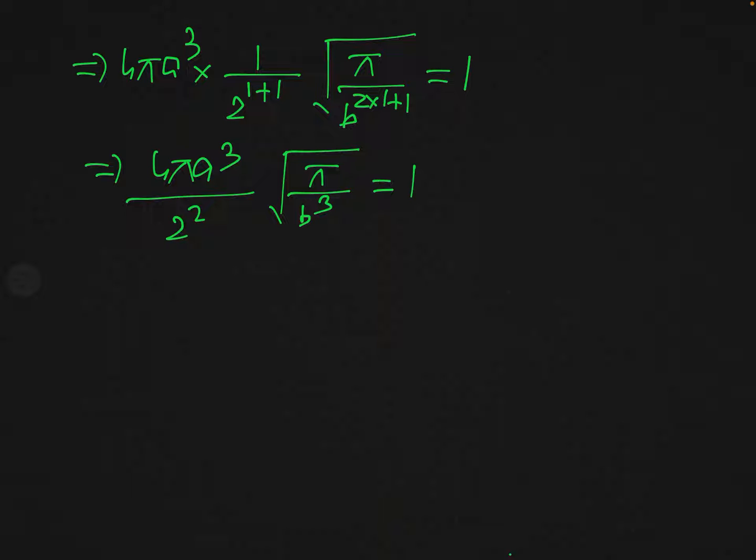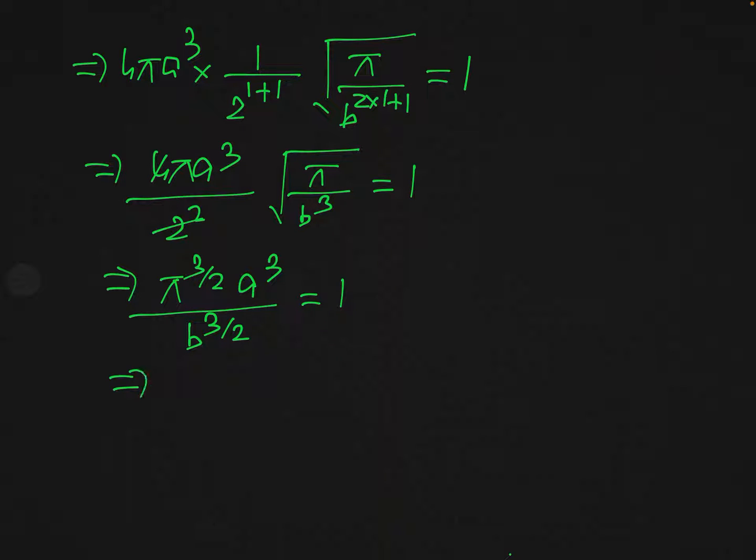So now you can see from here what will be the value of a in terms of b. There is pi raised to the power, this 2 square and 4 will cancel out, and pi times root pi is pi to the 3 by 2, times a cube, over b raised to the power 3 by 2, and this is equal to 1.